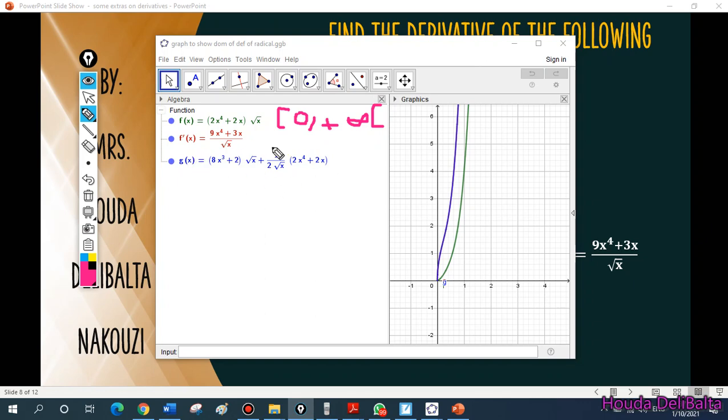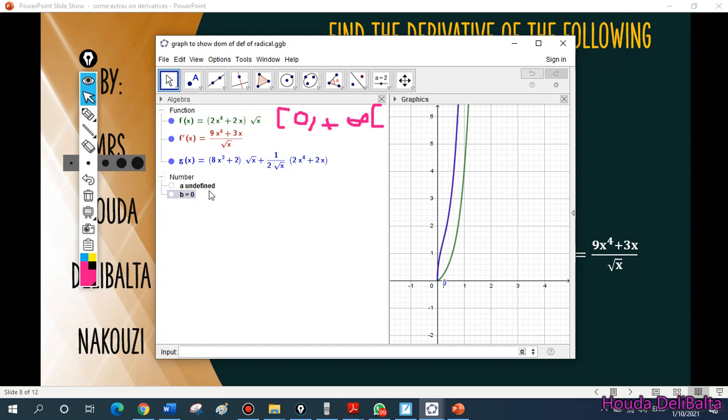While these are the answers for the derivative of f of x. Now it is the blue one that represents the curve of f prime, and it's not defined at 0. Let's make sure: if we write, for example, f prime of 0, then the answer is, as you see here, undefined, while f of 0 has an answer which is 0.